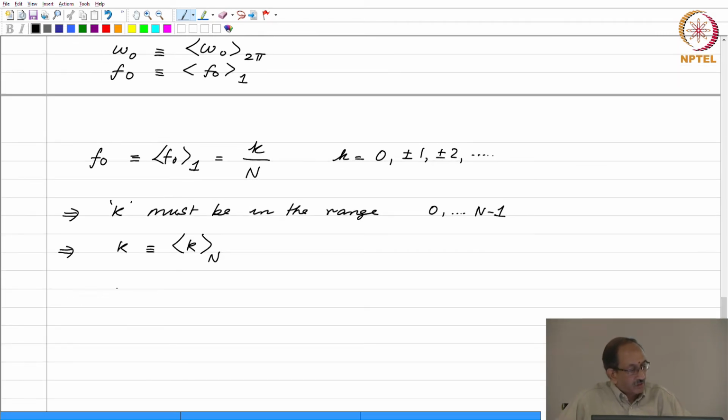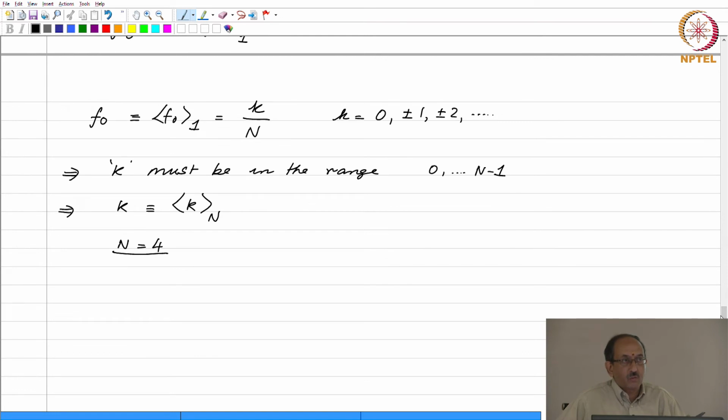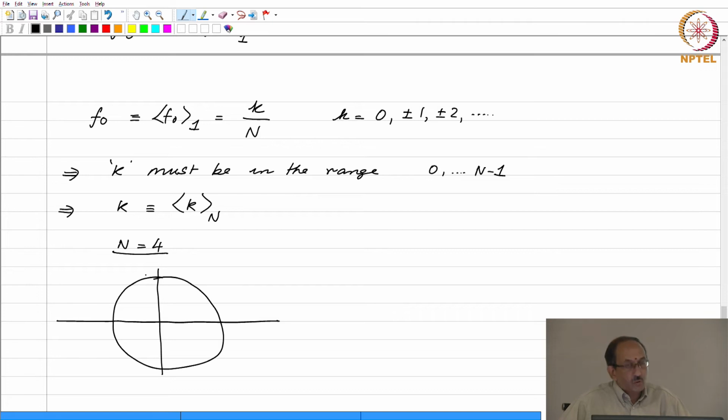Therefore, for example, if you take N equal to 4, remember we are now looking at complex exponentials that are periodic. So, if you consider N equal to 4, I am now plotting the various frequencies that are possible, assuming that the periodicity is 4, all right.